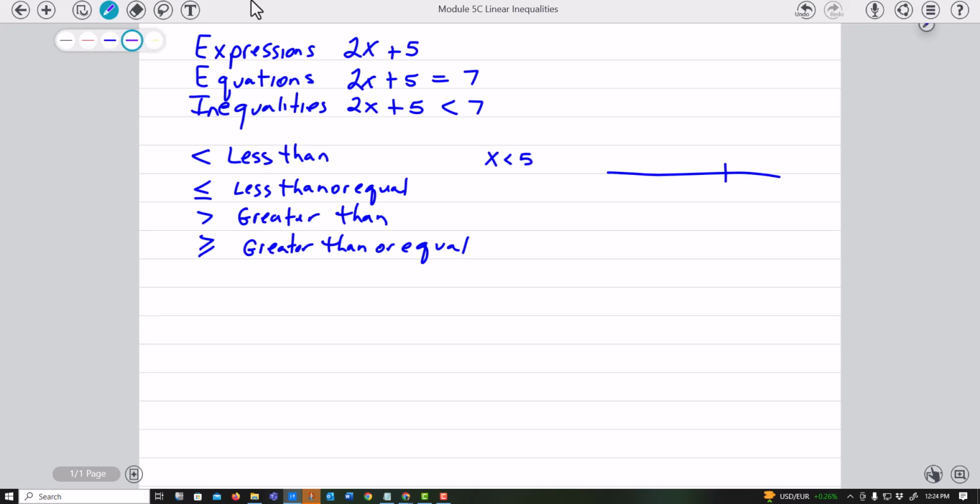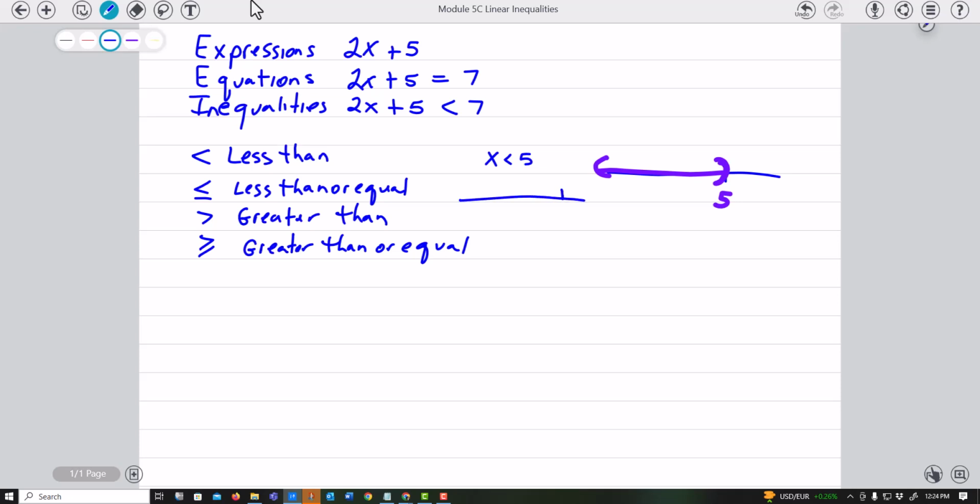Let me get another color here. A parenthesis means it cannot equal 5, but it's anything less than 5. Where if I have less than or equal to, that sure would have been nice to have on the same line. Let me do it here.